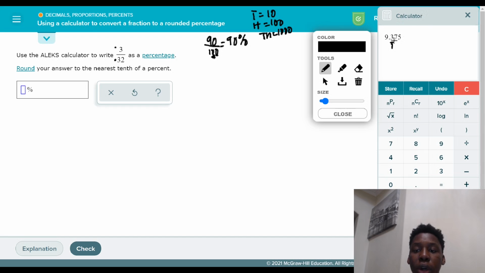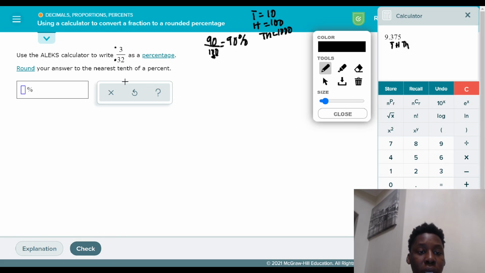The tenth comes first before the hundred because the tenth is smaller than the hundred. So this is the tenth, this is the hundred, and this is the thousand. So 3 is the tenth, 7 is the hundred, and 5 is the thousand.